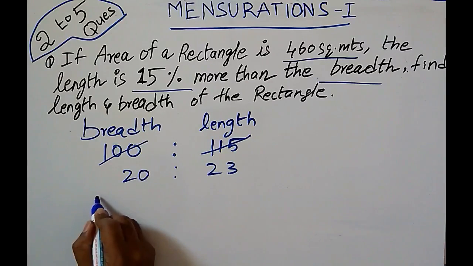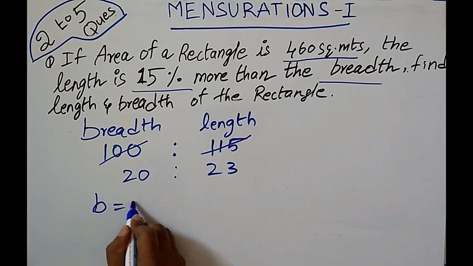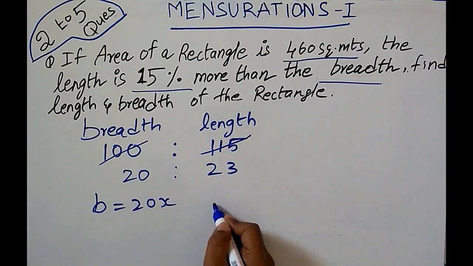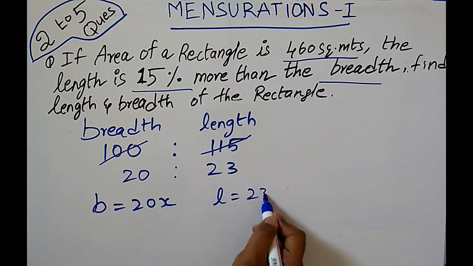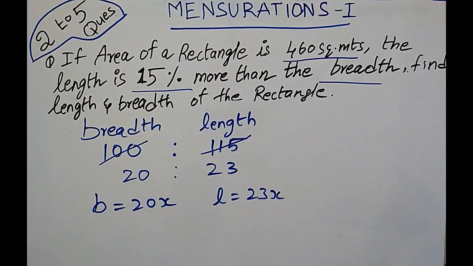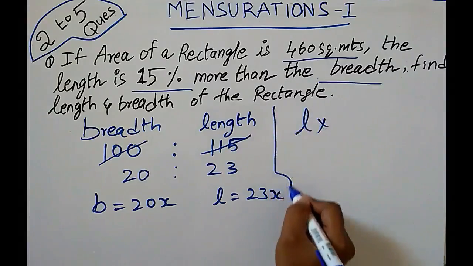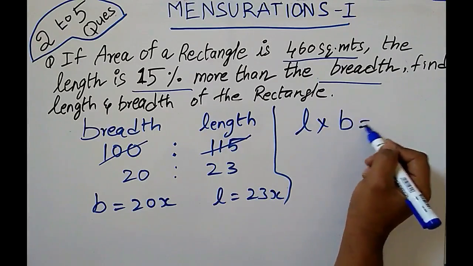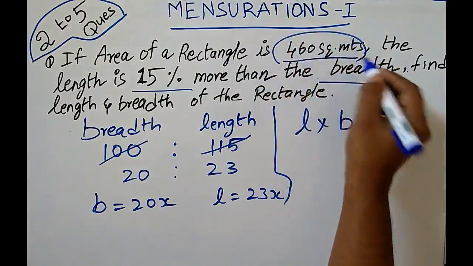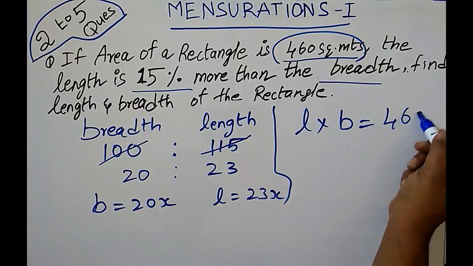From this we can write breadth is equal to 20x, length is equal to 23x. We know that the area of a rectangle is length into breadth, which is given by 460.